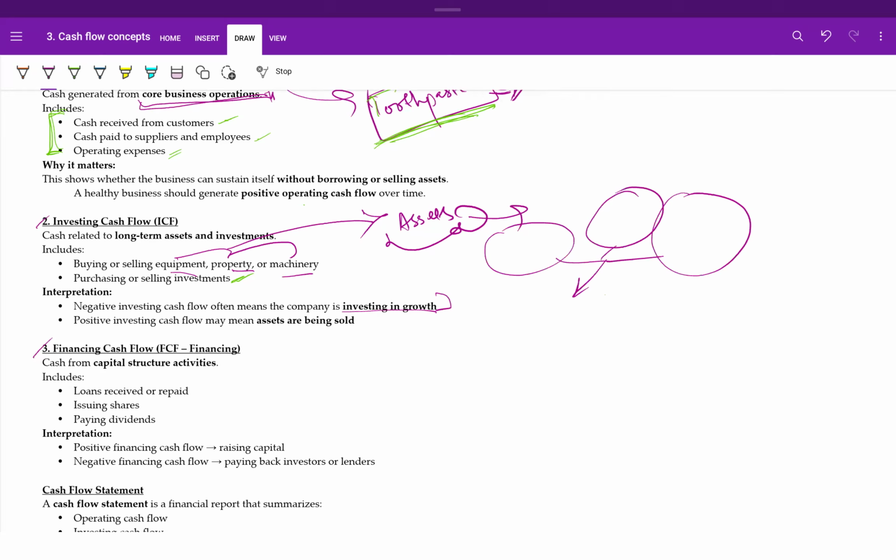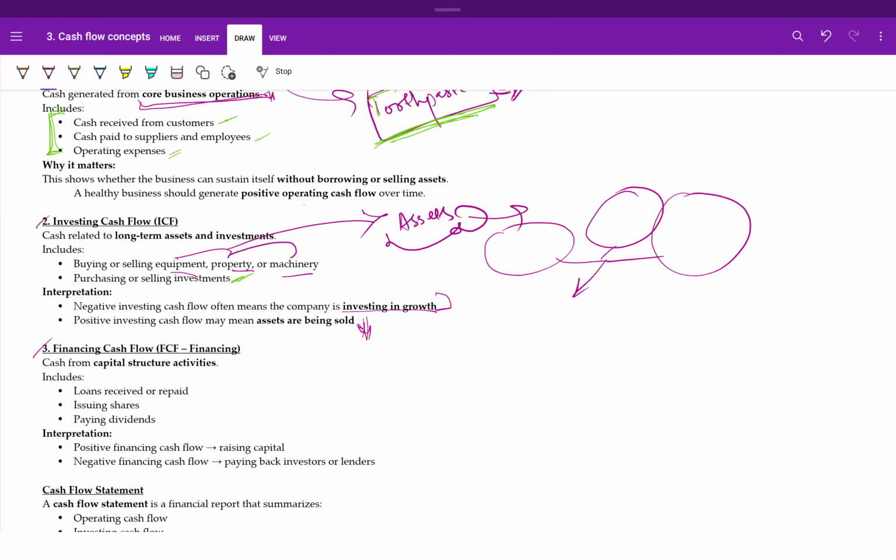A positive investing cash flow represents that the company might be selling assets, which is a downside when you look at businesses. Maybe the business is into saturation now, maybe the market is into saturation, or the business is not able to find any opportunity to invest its money.